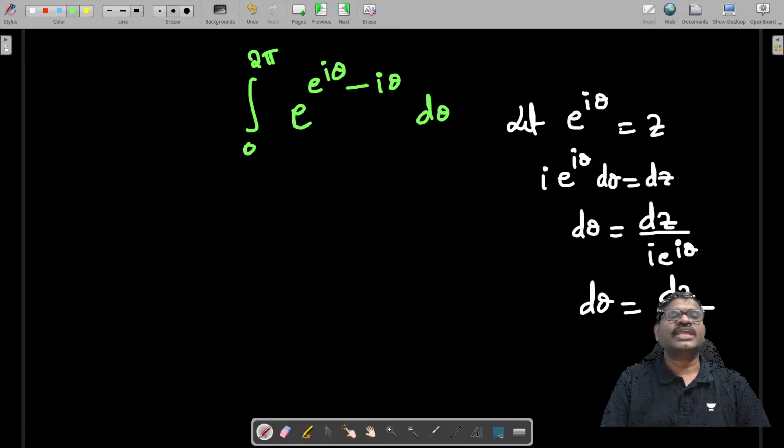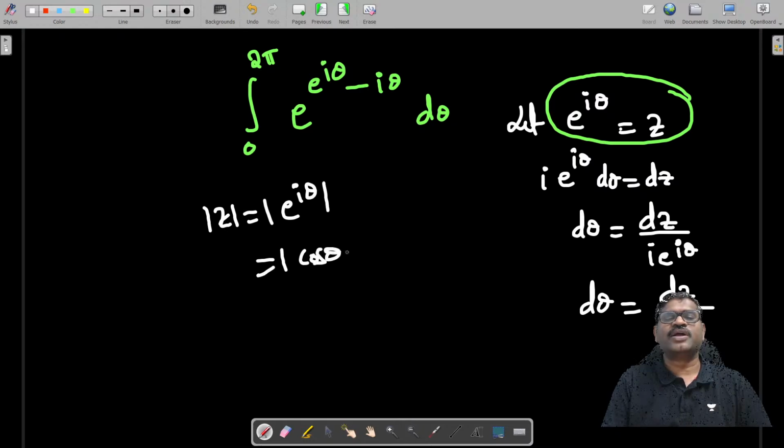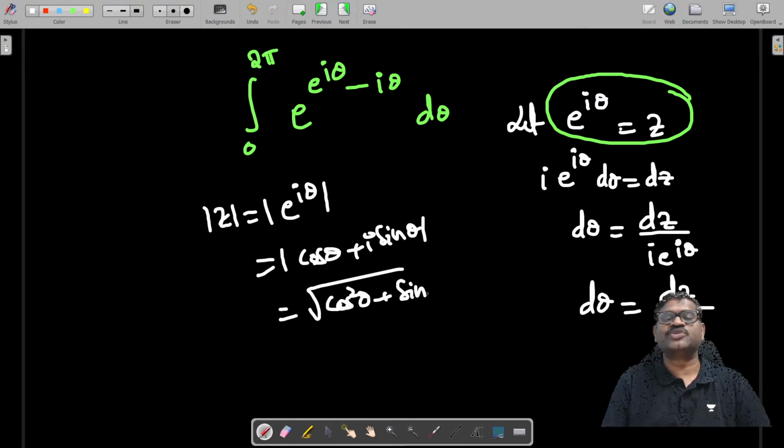When e power i theta equals z, automatically mod z equals 1, because mod z equals mod e power i theta, which is mod cos theta plus i sin theta, that is square root of cos square theta plus sin square theta, that is 1.